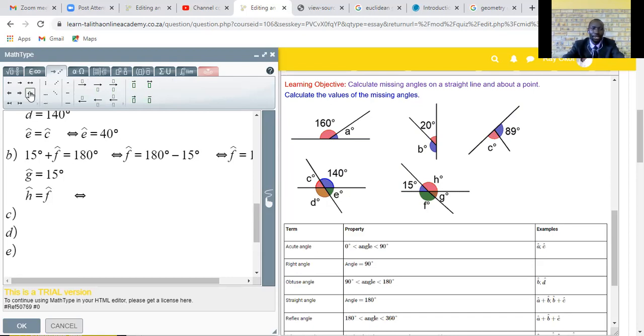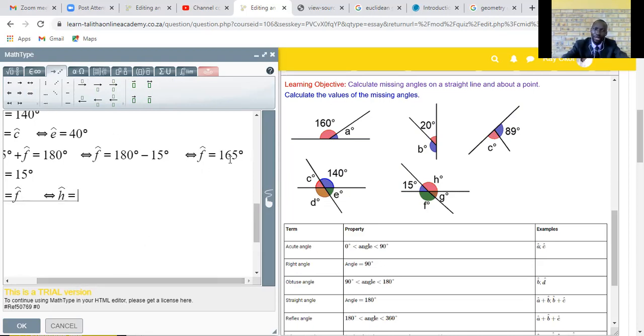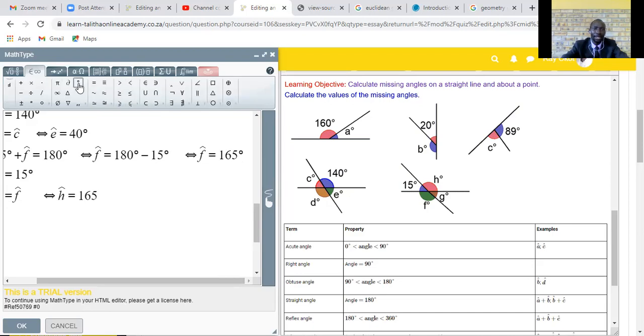For this reason, since these two angles are vertically opposite, H will take on the value of angle F, which is 165 degrees. That is going to be the value of angle H.